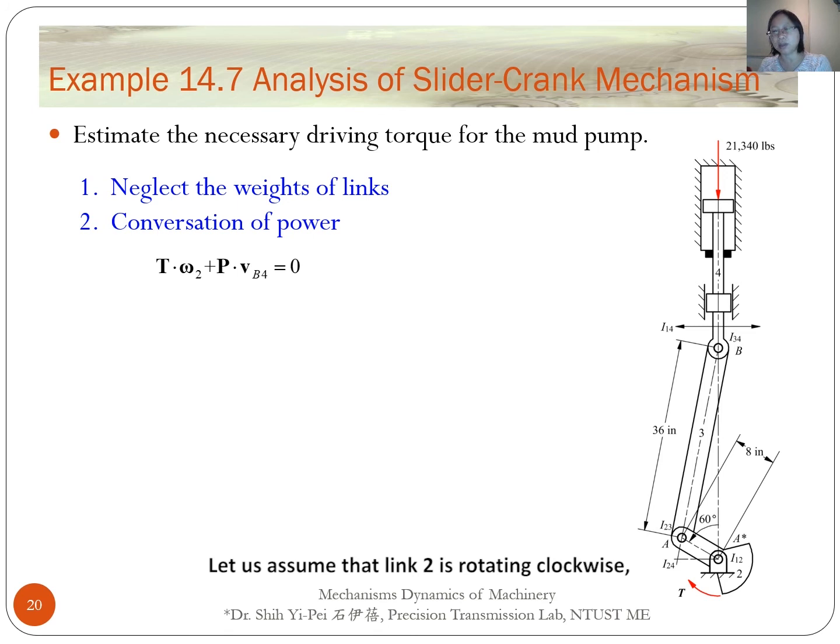Let us assume that link 2 is rotating clockwise. The velocity of point B will move upward. Then P and V4 are parallel and in opposite directions. So, we obtain the formula T is P times BV4 divided by omega 2.